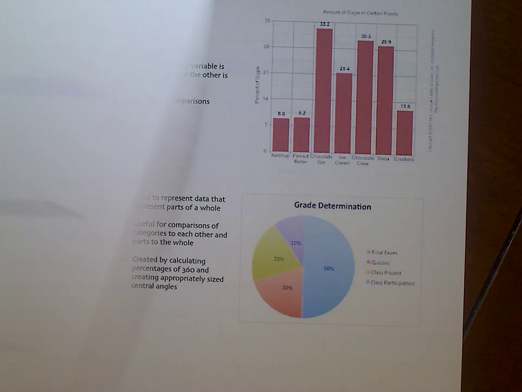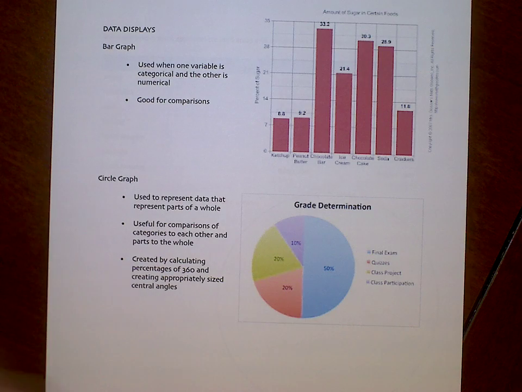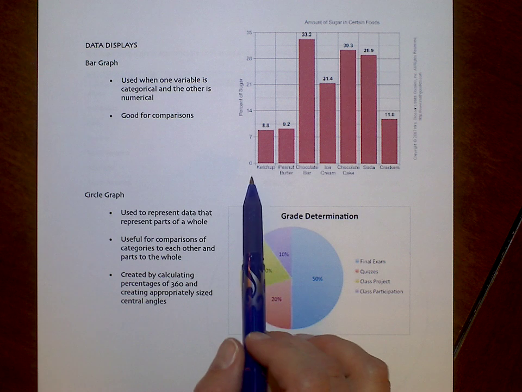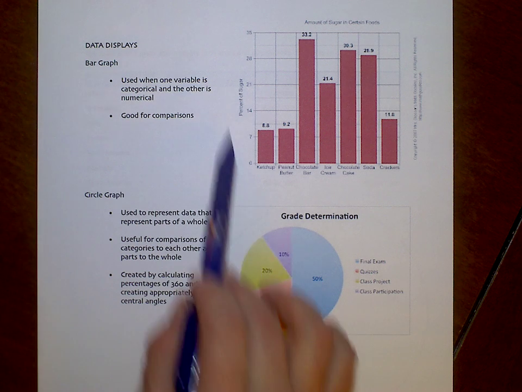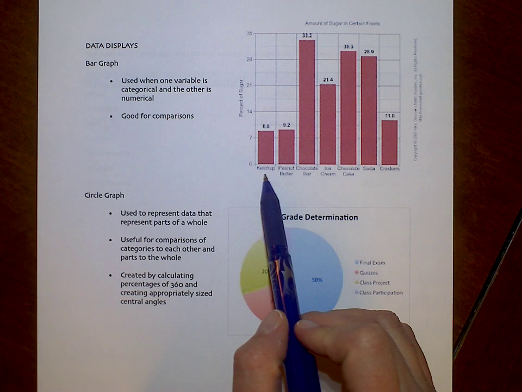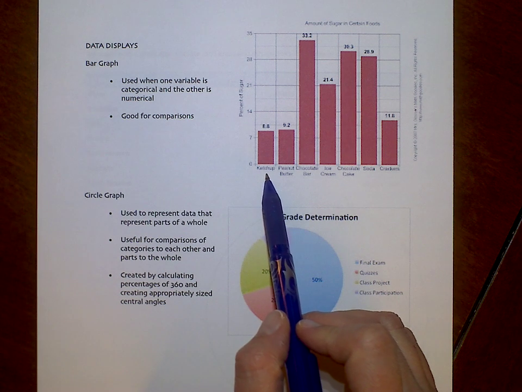Okay, so let's go on. This next page, I'm not going to spend a whole lot of time on this because I think you've talked about this, but this first section gets into two very basic types of data displays, the bar graph and the circle graph. Really, I just want you to understand when do we use one or the other. So bar graphs can be used with numerical data. I mean, one of the variables has to be numerical, right? But the nice thing about bar graphs is one of the variables can be what's called categorical.